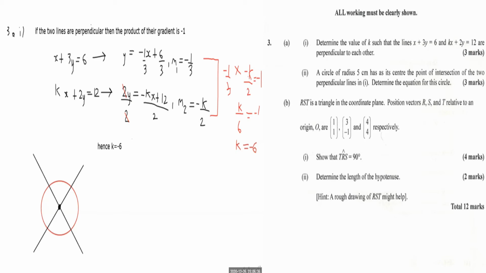All right, so let's go ahead and find the center. Finding the center means we solve these two equations simultaneously. There are many ways to do that. We have x plus 3y equal to 6, and the next equation is minus 6x plus 2y equal to 12.